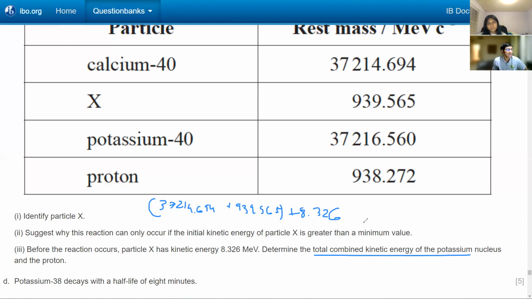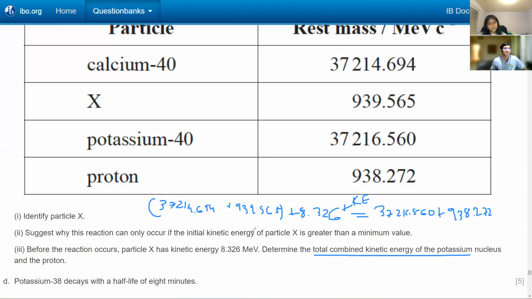8.326, and that has to equal 37216.560 plus 938.272. And then there should also be plus the extra kinetic energy on this side of the equation, right? Why?